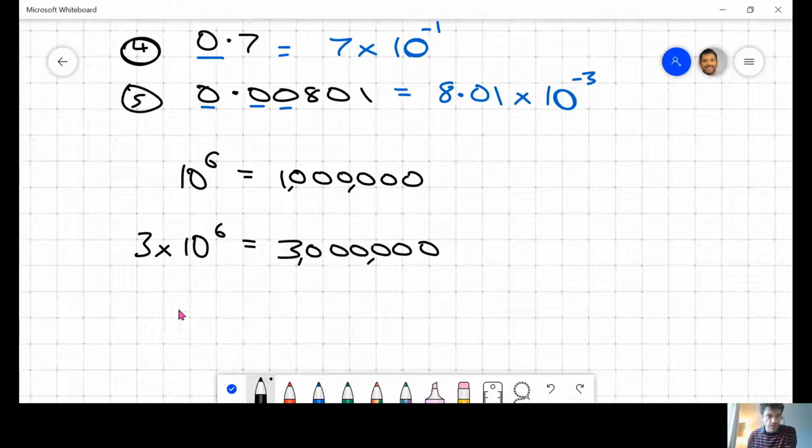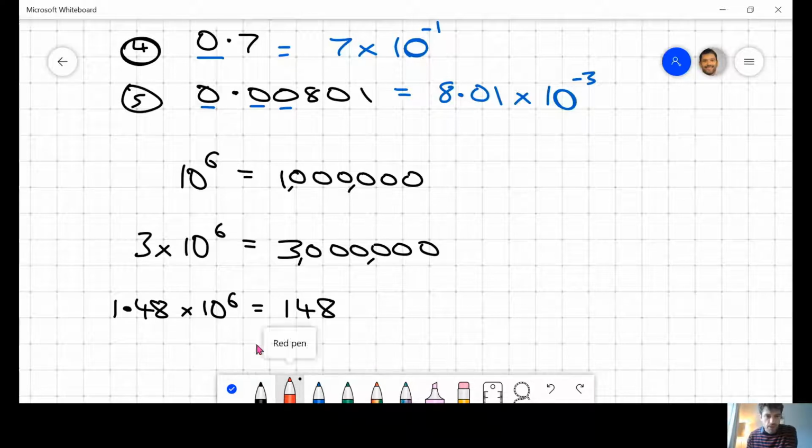Okay, that's probably okay. But what about when we've got some decimal points here? 1.48, again, times 10 to the 6. So straight off, because this is going to be a big number, it's going to be 148. We're going to have to shift that decimal. And the way I would approach it is think I need 6 digits after the first digit, but there's already 2 here. 1, 2, 3, 4, 5, 6.